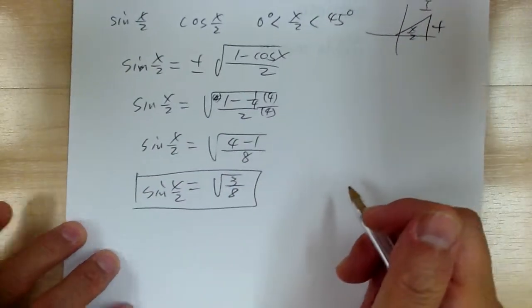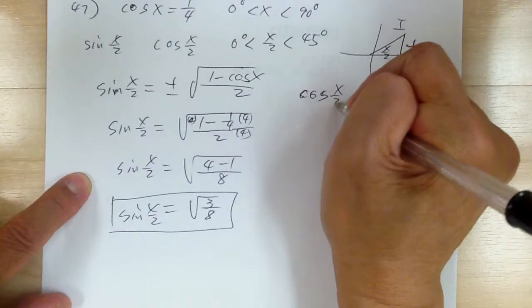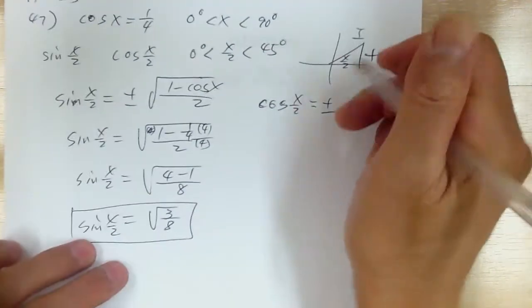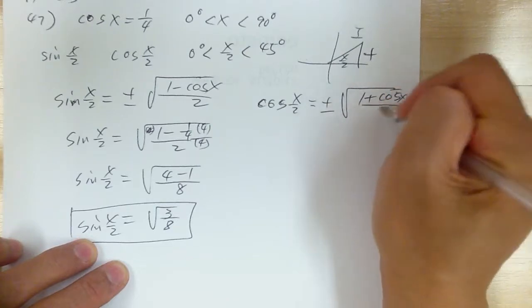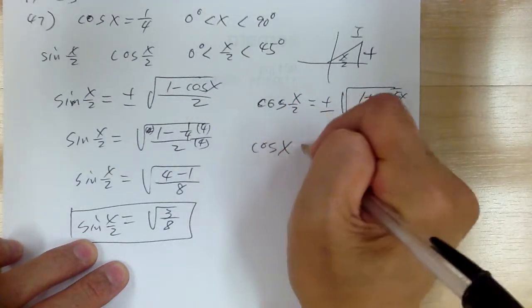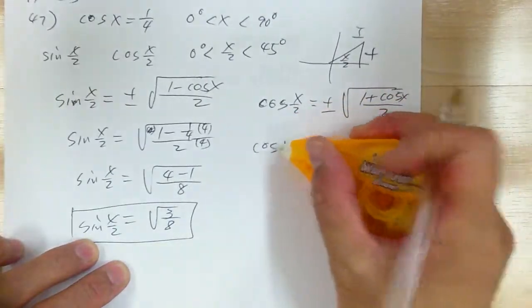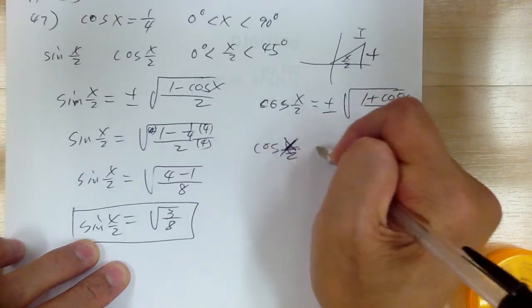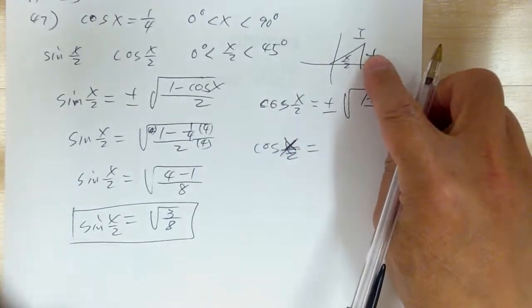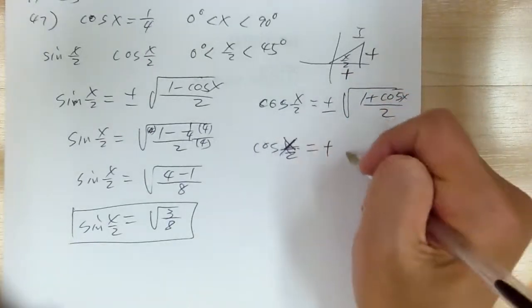Now for cosine of x over 2, it equals plus or minus the square root of 1 plus cosine x over 2. Again, if you look at quadrant 1, the cosine is going to be positive, so that's how you know it's going to be positive.